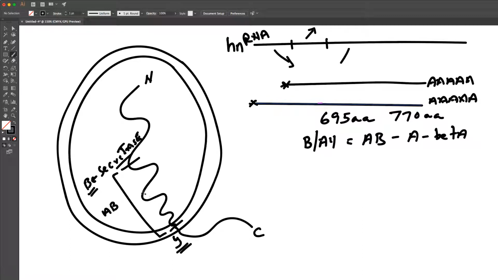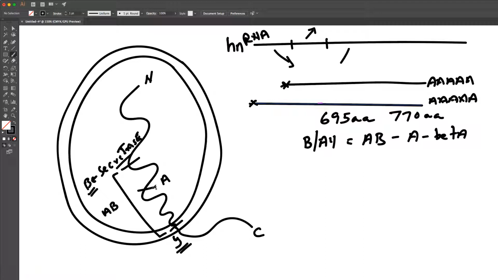There's also the possibility that the amyloid precursor protein gets cleaved within this site, within the A beta fragment, by alpha secretase. And again, that's the name of the activity, not necessarily the enzyme. There are many enzymes that are involved in these cleavage processes.